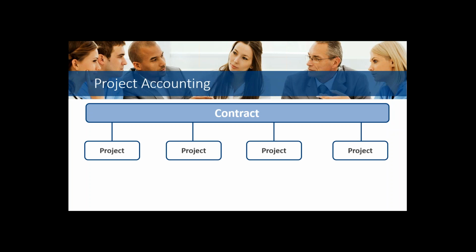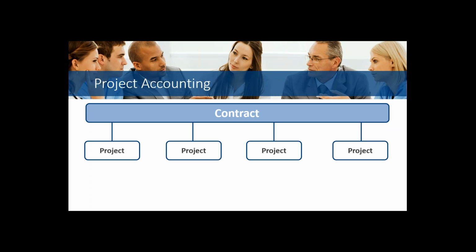And then underneath that, I can have projects. And I can have as many or as few projects under that contract as I want. And a project is typically an individual deliverable or a phase of that overall master agreement.